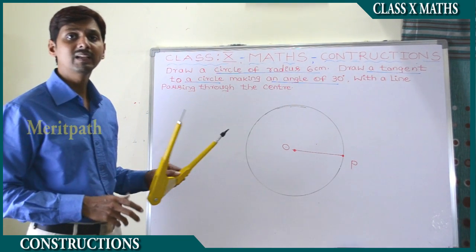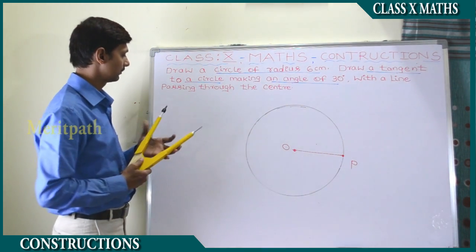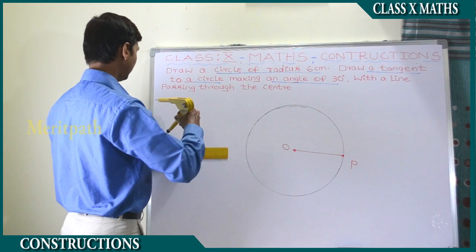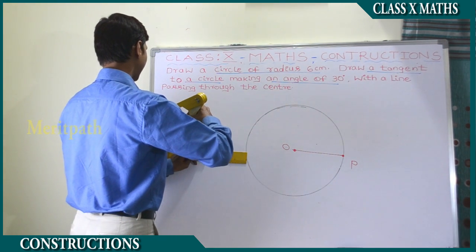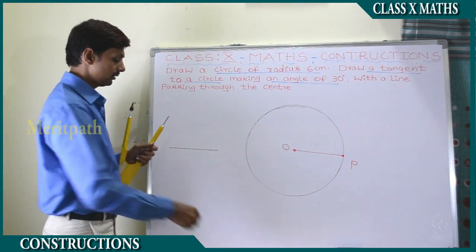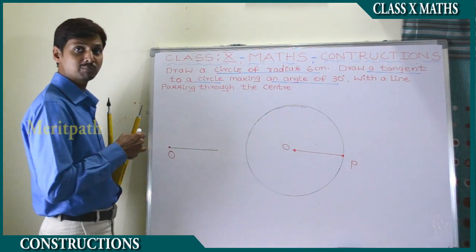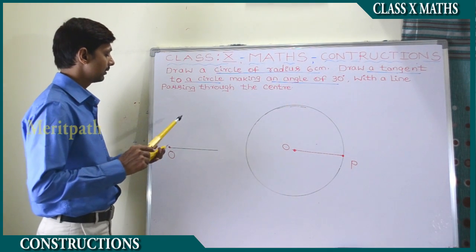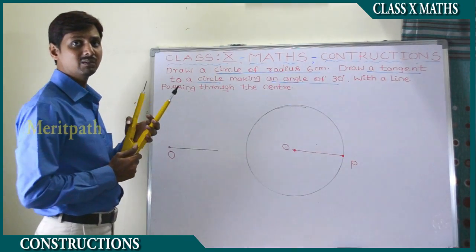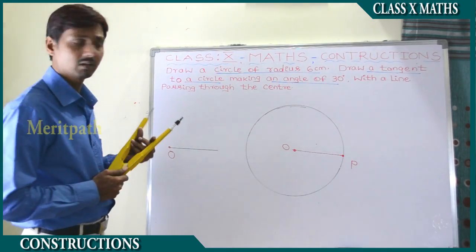Let's understand how we'll get 60 degrees using a compass. For example, take a ruler and draw a line segment, and take a point, center as O. Using this point O, take a measurement of any centimeters, like 1 centimeter or 2 centimeters radius on the compass.